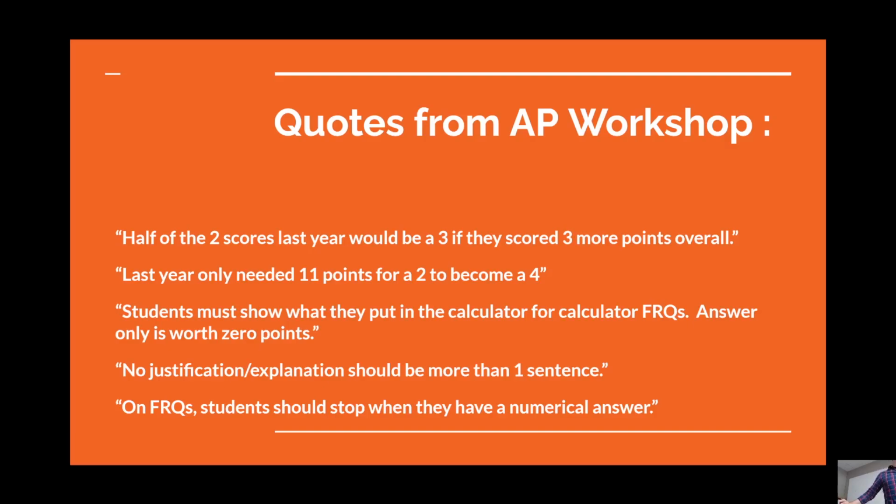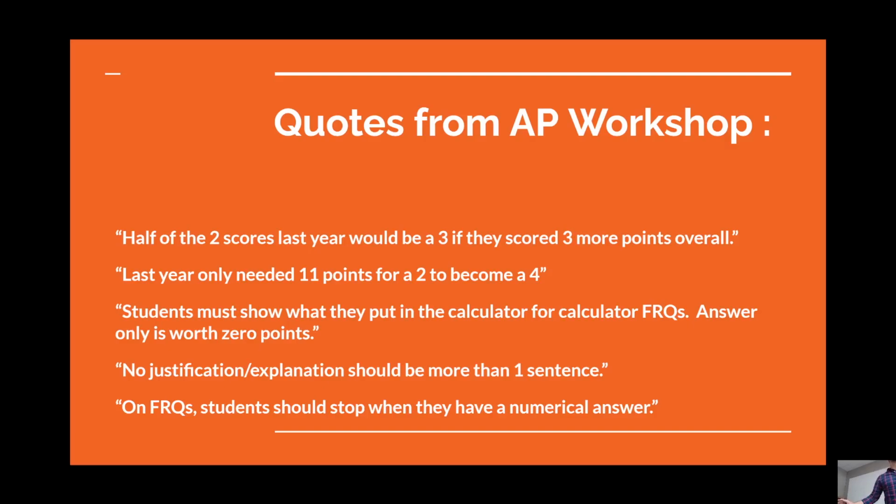If it's a calculator FRQ, make sure you're writing down what you're typing in the calculator. But if your explanations, justifications are more than a sentence, you're probably on the wrong track. You're probably trying to justify something that might be true, but your justification's probably not super sound if it's that lengthy.